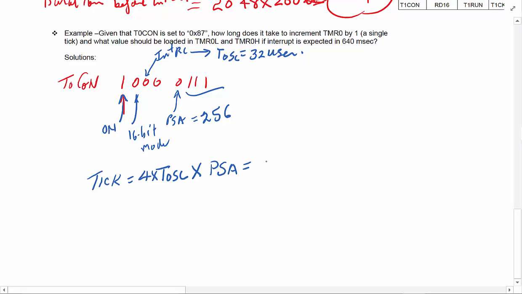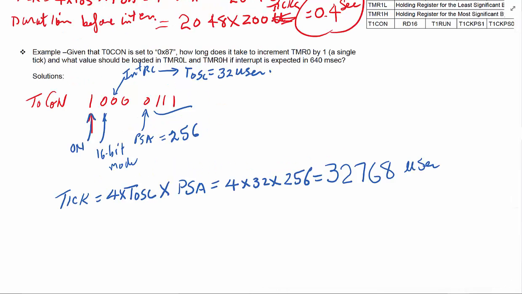So in our case, we've got 4 times 32 times 256 microseconds. If you multiply all this out, each single clock increment will take 32768 microseconds.